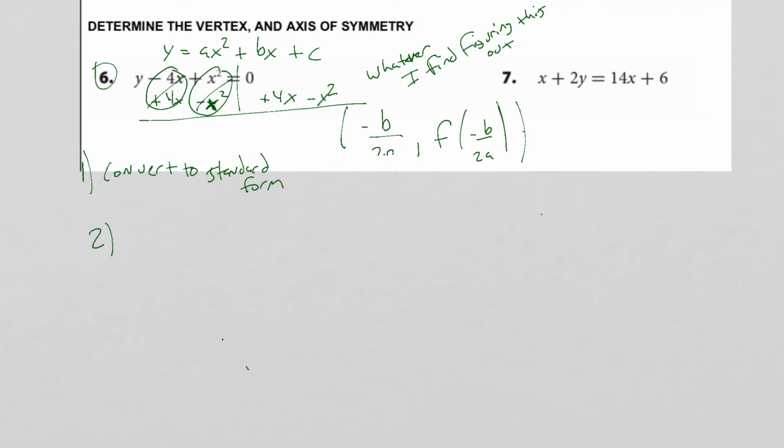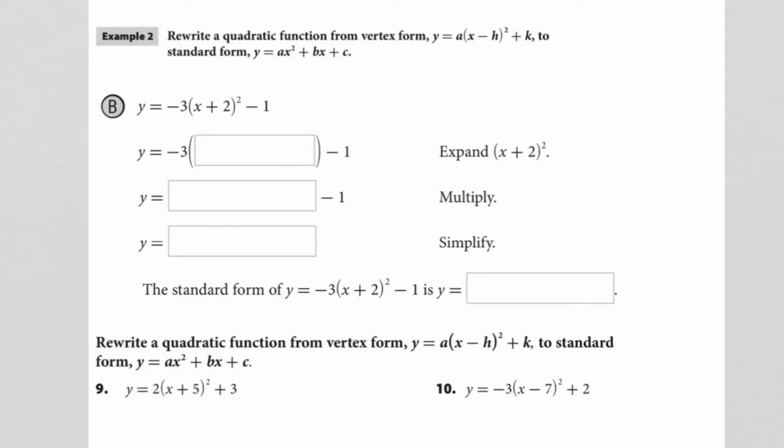So first step, convert it to standard form. But there's a problem with number 7. It's not quadratic. There's nothing squared. So we're skipping example 7. That solves that. I don't know why they'd put that in the textbook, but it's a waste of your time. So we're not going to do example 7 for notes. Let's see what else is next.